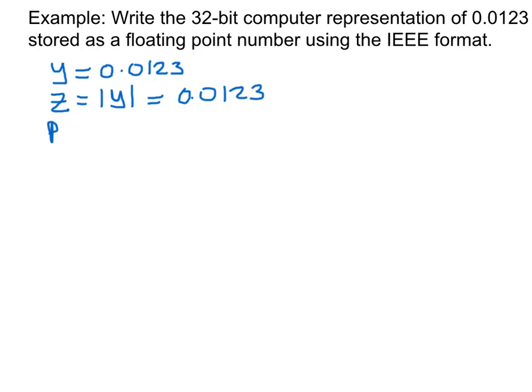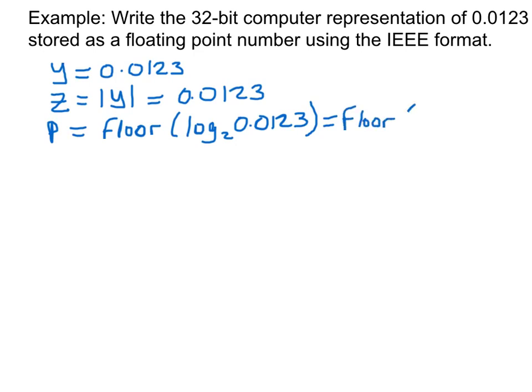Then I go about working out p, and p is equal to the floor of the log of z, and z is 0.0123, to the base 2. So that turns out to be the floor of minus 6.34.